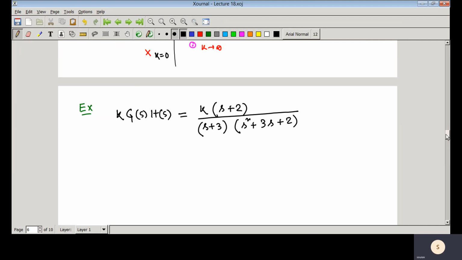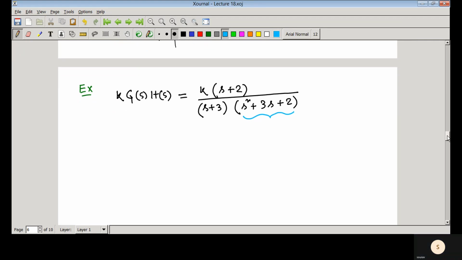If this is the open loop transfer function, from here it is clear that you have complex conjugate poles. So let us first draw the root locus.